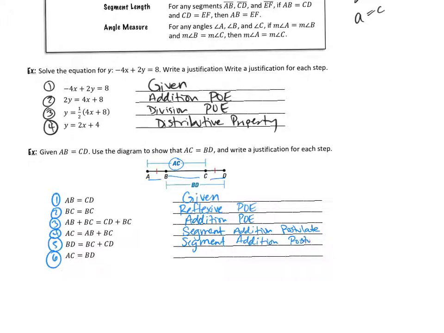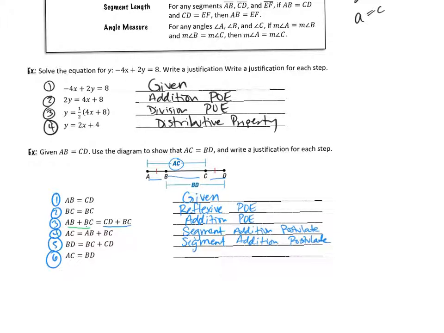And finally, in step 6, we are combining the fact that AC equals AB plus BC and BD equals BC plus CD, and we are substituting those into step 5, and so we then get our statement in step 6 that the length of AC equals the length of BD.